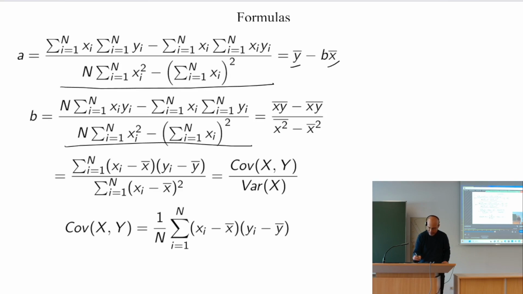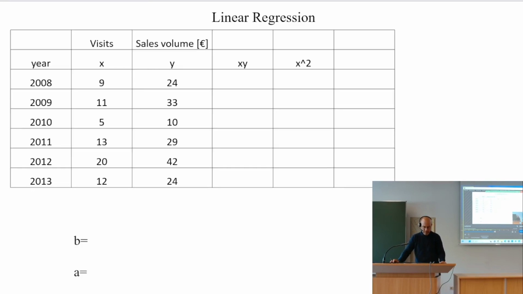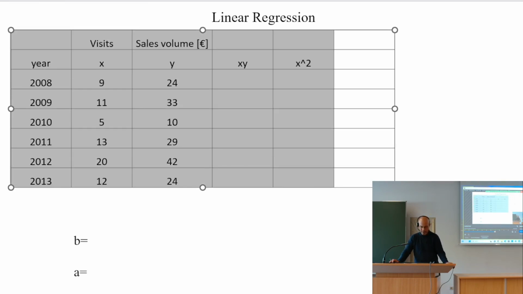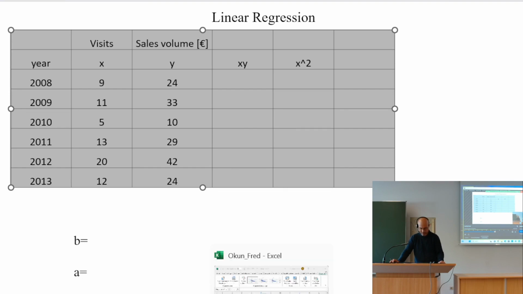And then we can formally show that this formula just equals covariance over variance of x. Okay, some time is left because then we just want to use our example and just once calculate this linear regression.